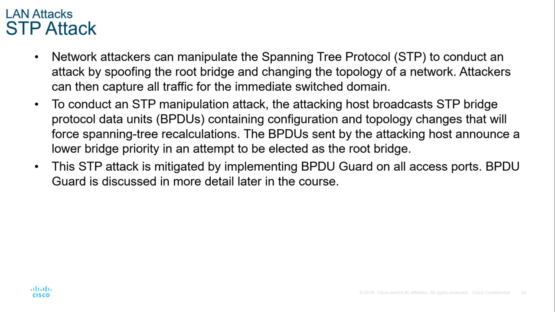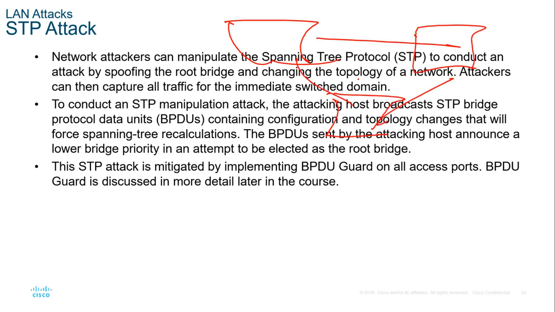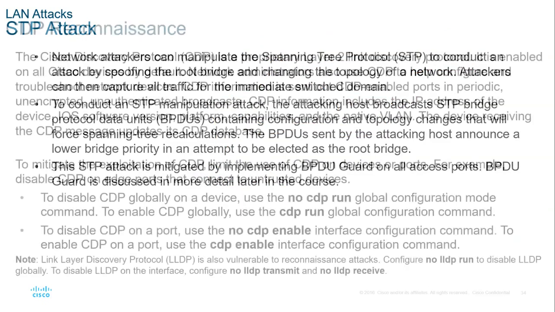For example, let's assume this is our network and our root bridge is this one, and then someone adds a switch here and forces this to be the root bridge. That is what the STP attack is all about.